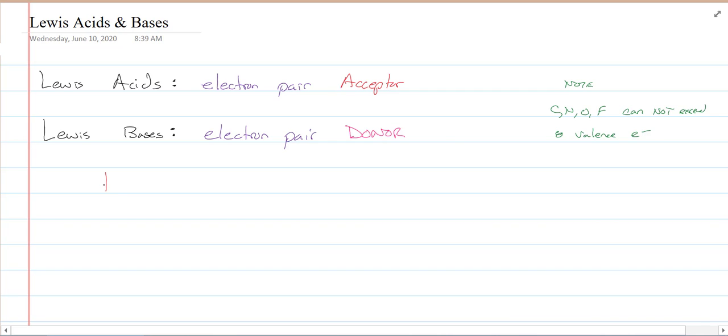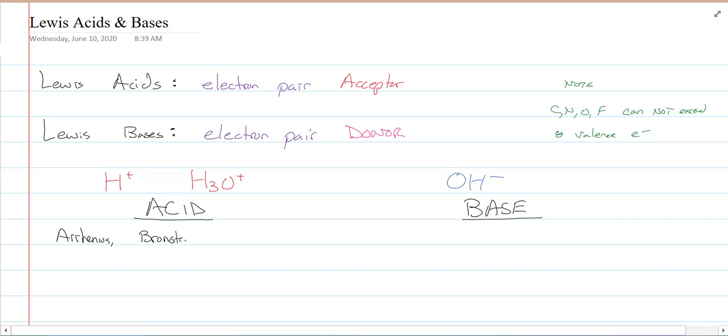So if we go through H plus or H3O plus versus OH minus, H3O plus is an acid under all definitions, and hydroxide is a base under all definitions. So hydronium is an acid in Arrhenius, Bronsted-Lowry, and Lewis.